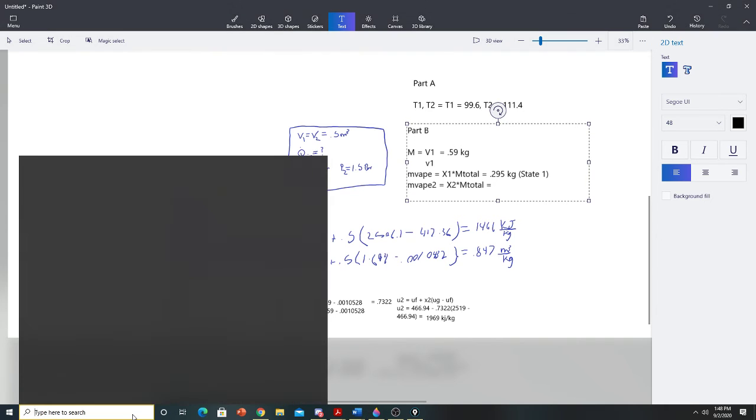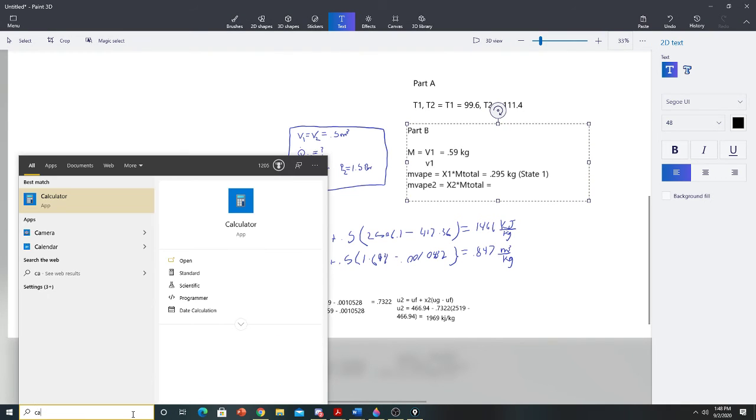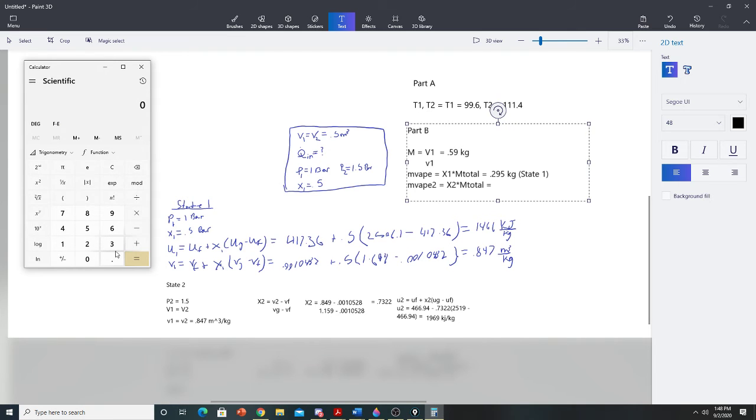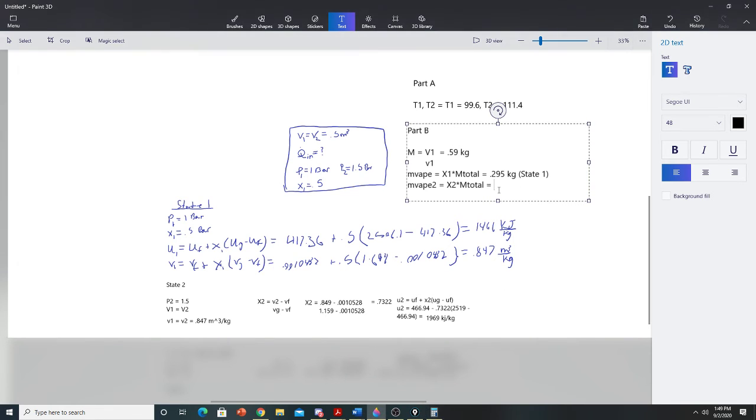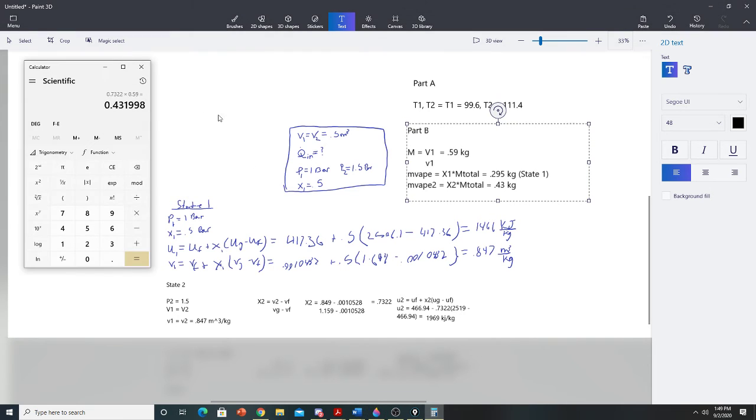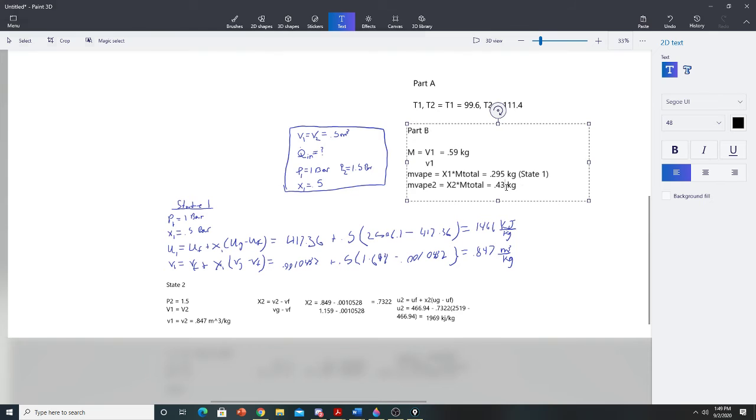I don't have the mental capacity to do that one, so we'll just calculate it. 0.7322 times 0.59. So that gets us to 0.43 kilograms, 0.432, I guess you could say.